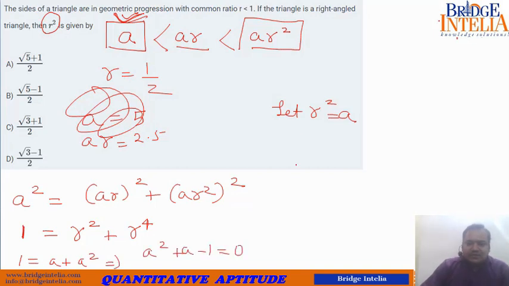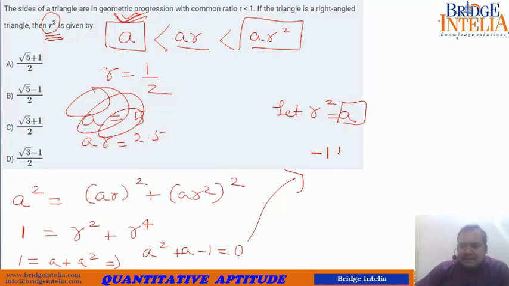We have to find the value of A, because we don't have to find r, we have to find r square. From here, the root of this quadratic equation will be minus b, that means minus 1, plus minus root of b square minus 4ac, that means plus 4 here, by 2. So this comes out to be minus 1 plus minus root 5 by 2.